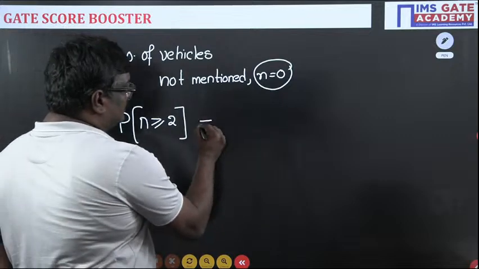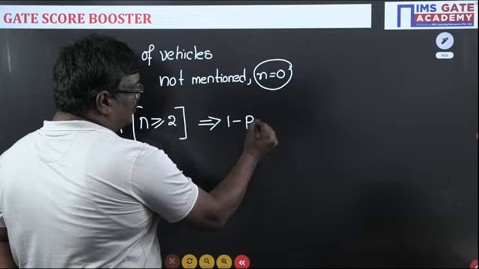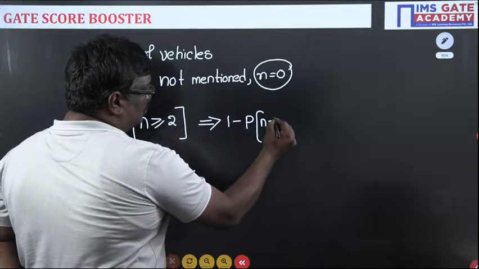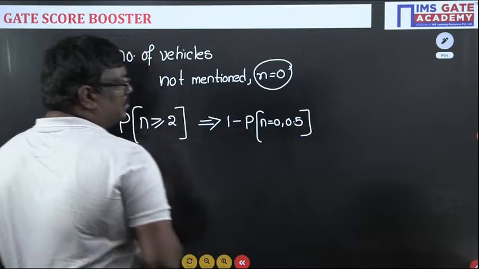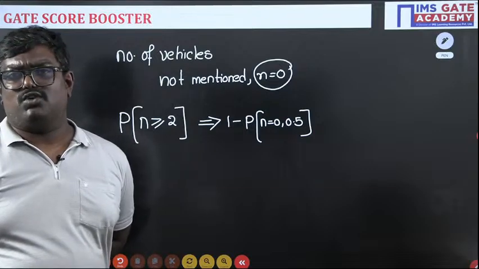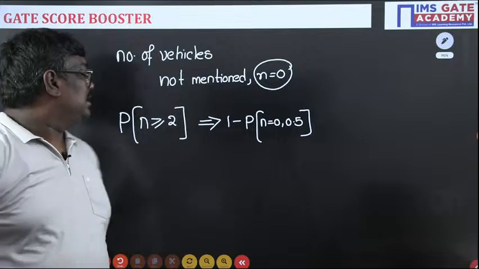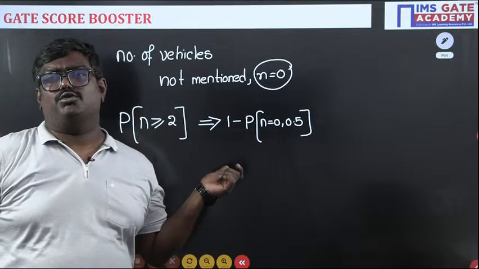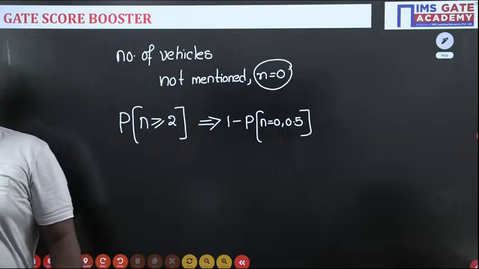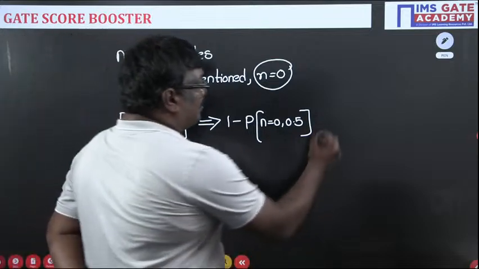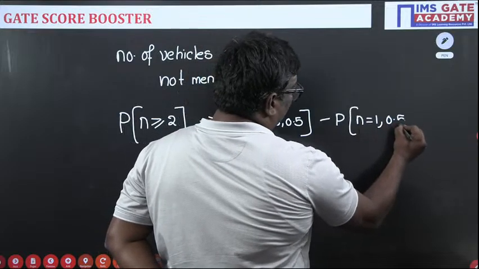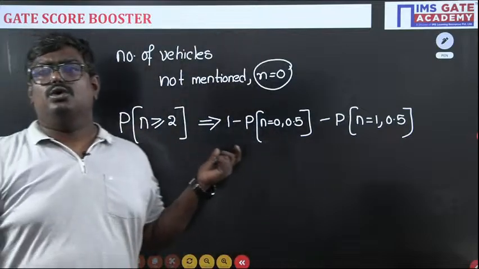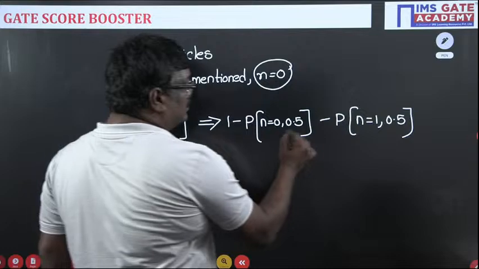This can be written as 1 minus P of n is equal to 0, comma 0.5, minus probability of n is equal to 1, comma 0.5. Time is given as 0.5. So P of n greater than or equal to 2 can be written as 1 minus P of (0, 0.5) minus P of (1, 0.5).